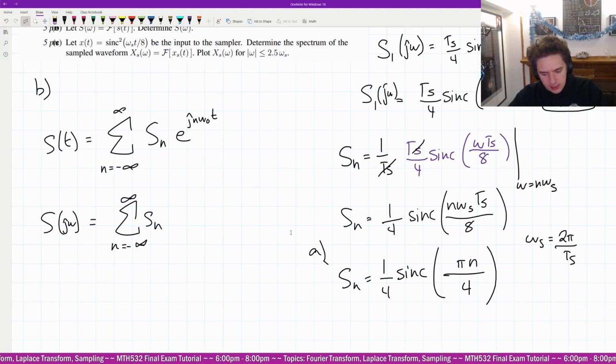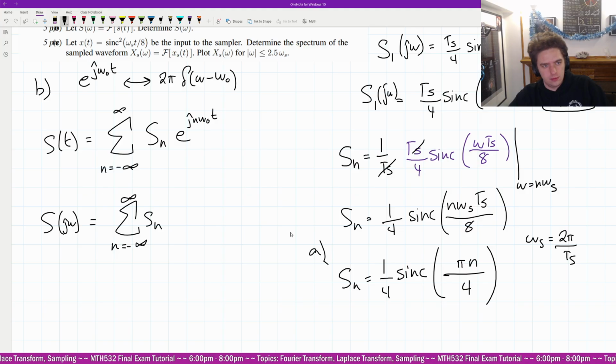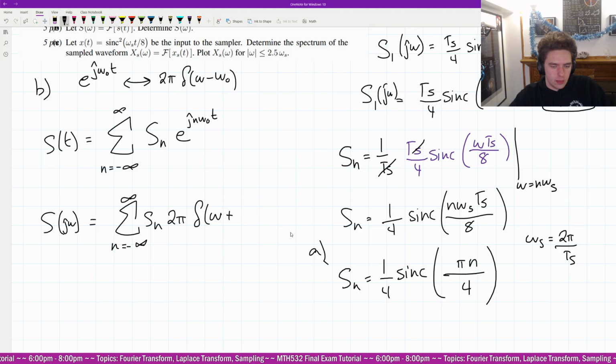E to the j omega naught t turns into 2 pi delta of omega minus omega naught. So we just do that. It's going to turn into 2 pi delta of omega minus N omega naught. Technically if it's a minus it should be a plus, or sorry, no, this is a plus, so this is a minus here. And that's the formula he wrote on his lecture slide.